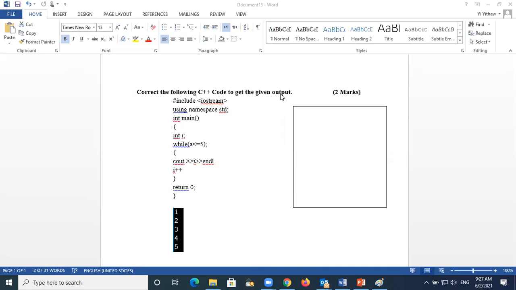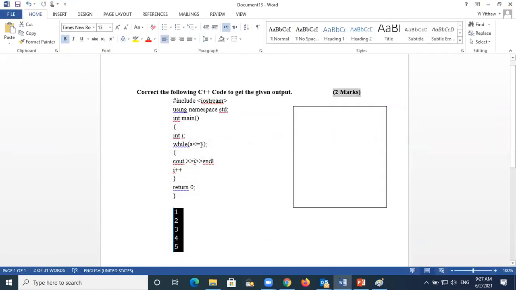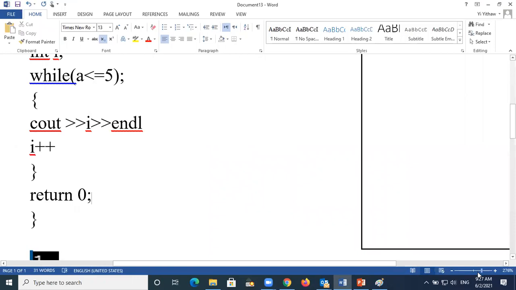Okay, now let's see. Can you see this? I hope you can see. The output is going to be 1, 2, 3, 4, 5. It is taken from here. But the program is written wrongly. So what is the mistake here?